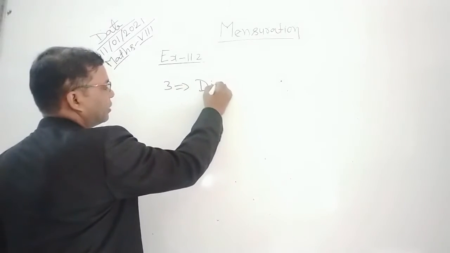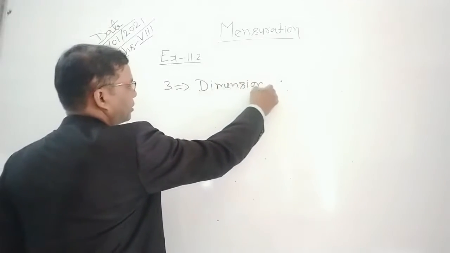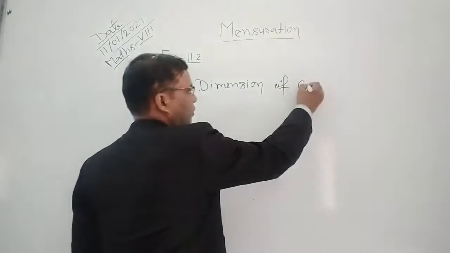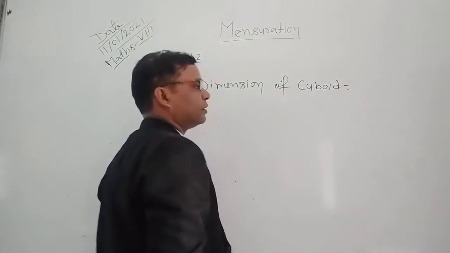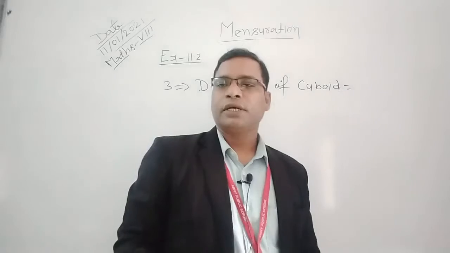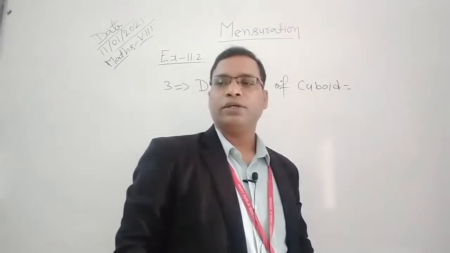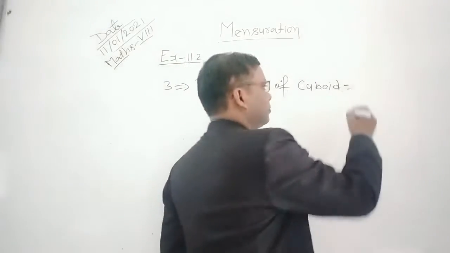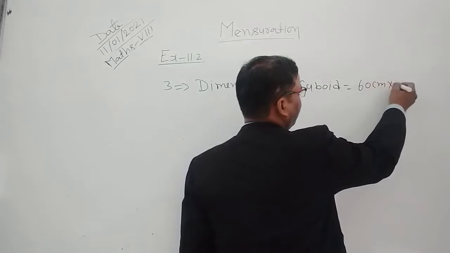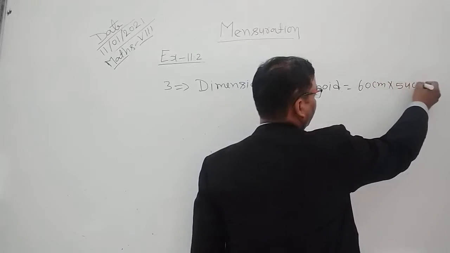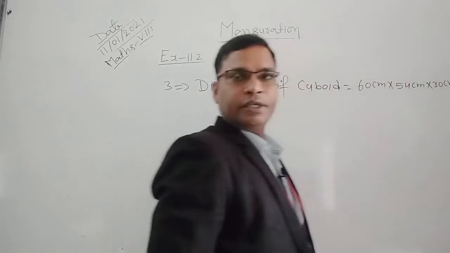Dimension of cuboid is equal to what? 60 centimeter into 54 centimeter into 30 centimeter. This is clear?